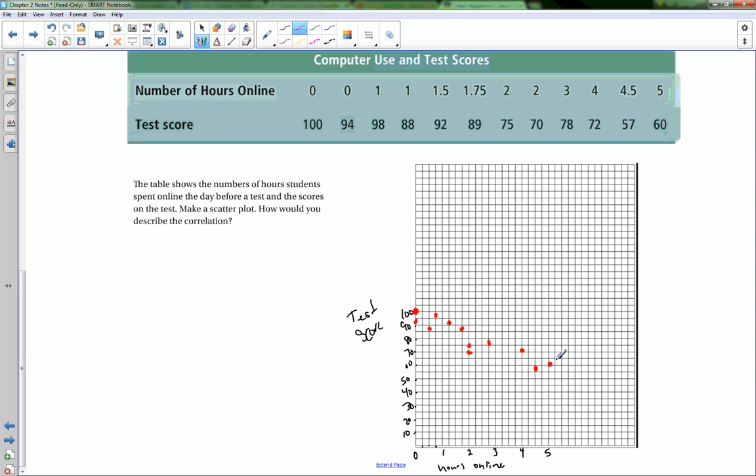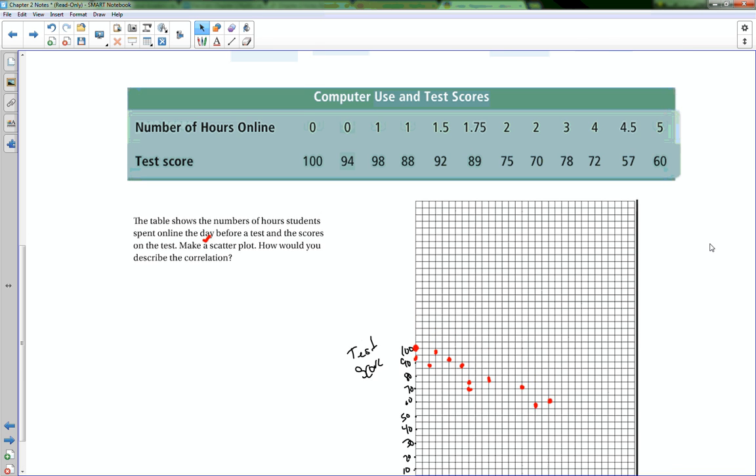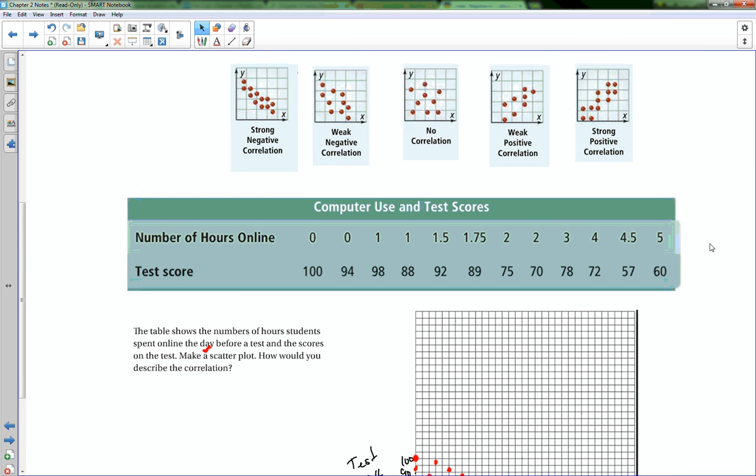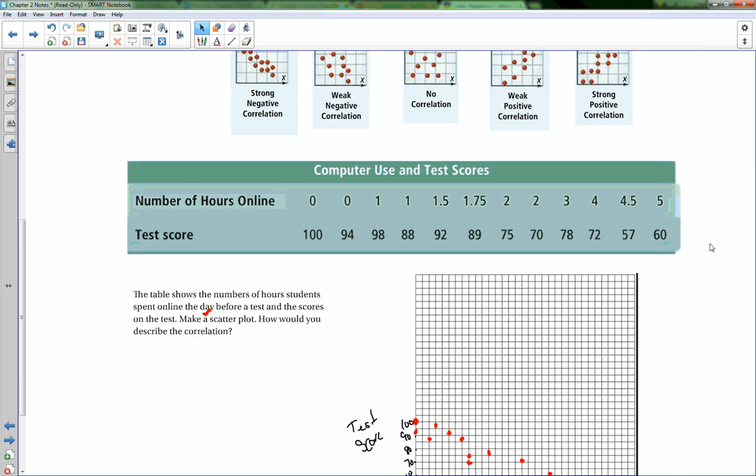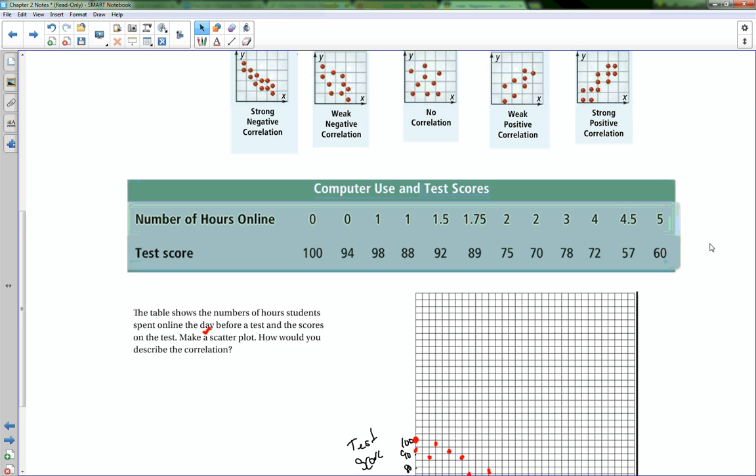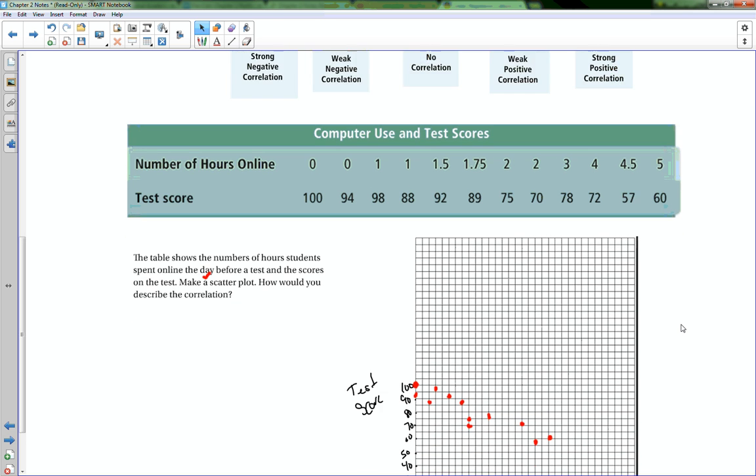All right, so we made the scatter plot, check. How would you describe the correlation? These numbers are kind of tight together. Let's compare it to the picture up here. So we are definitely negative, but now we have to decide, are we strong negative or weak negative?